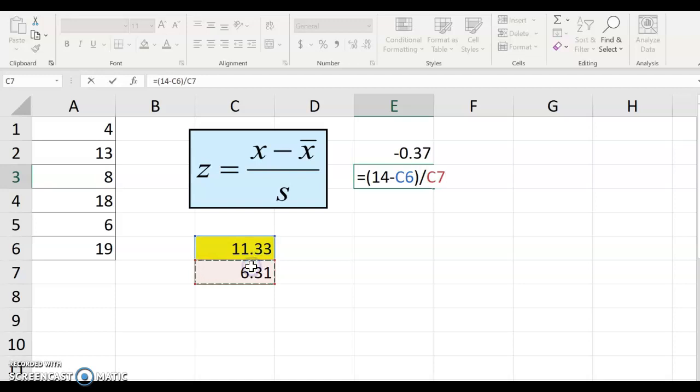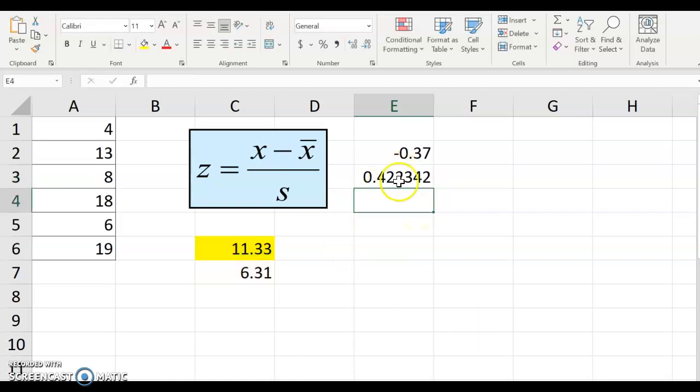And you can do this part on paper or in the calculator. I'm just showing you in Excel, but you do not have to use Excel to do this part. Okay, so yes, it is a positive z-value because our value was 14 and that is above our mean.